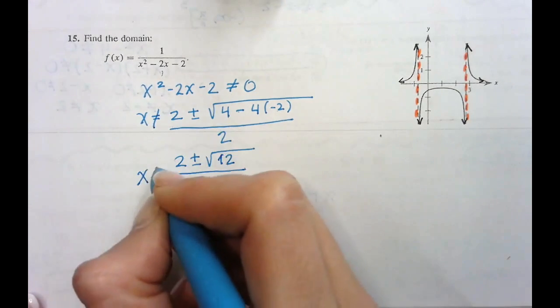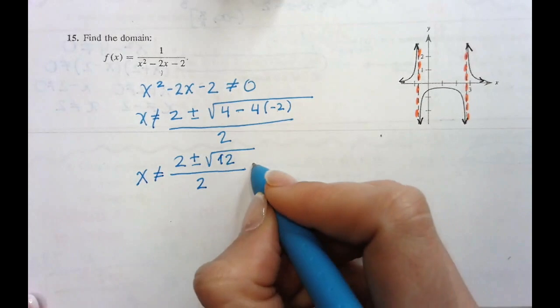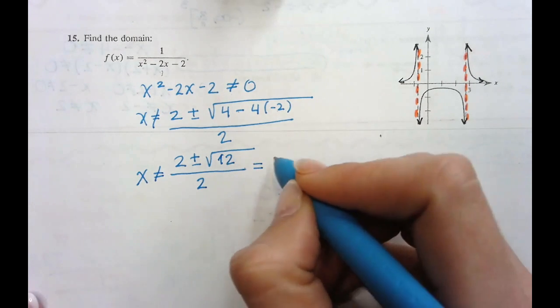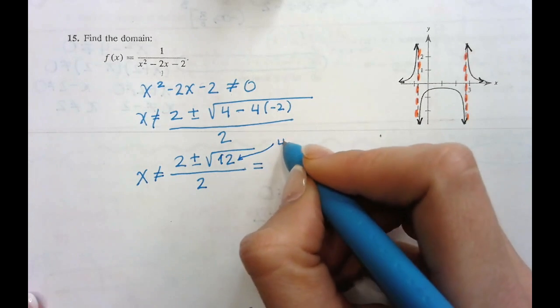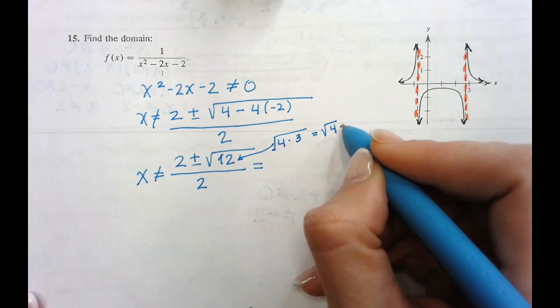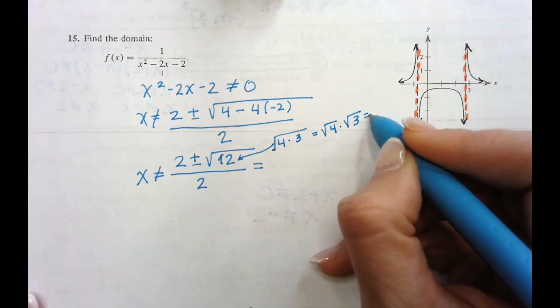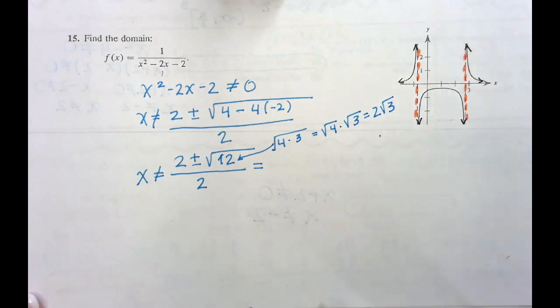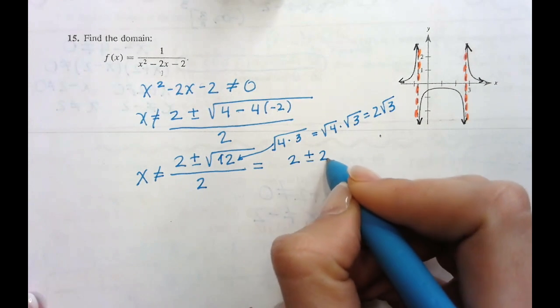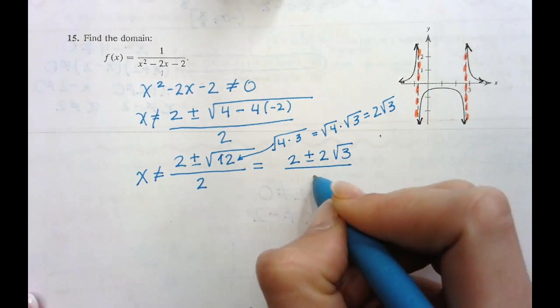So again, x can't equal. Carry on with this. 12 is 4 times 3, right? The square root of 4 times 3 is really the same as the square root of 4 times the square root of 3, which is the same as 2 square root 3. Therefore, 2 plus or minus 2 square root of 3 over 2.